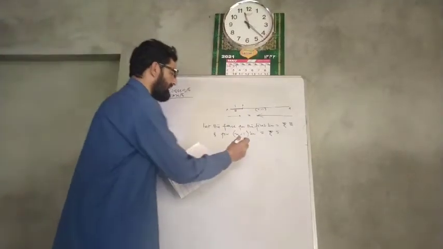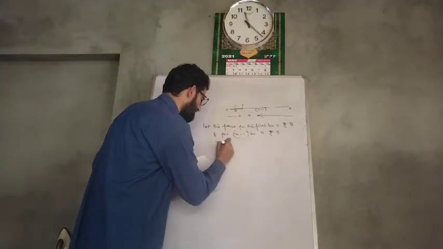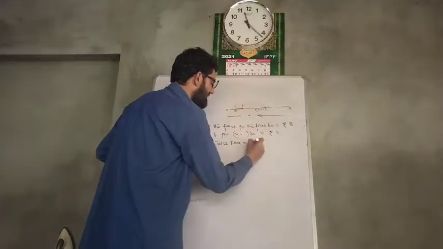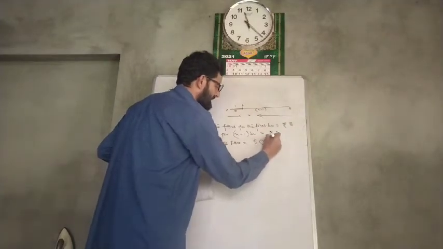So we can write the total fare for the rest of the kilometers as 5 into x minus 1.